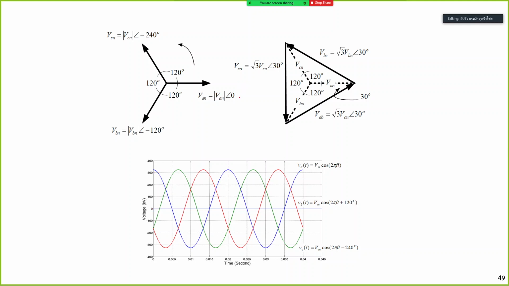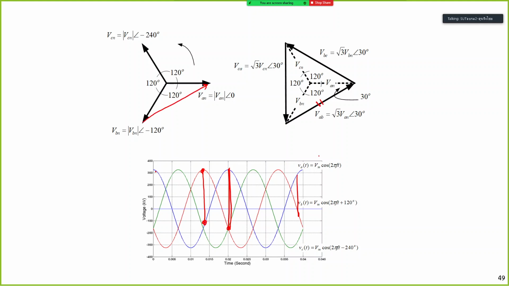And B is here. So the voltage between A and B at each time is here. The RMS value can be solved by the vector between A and B, like this.